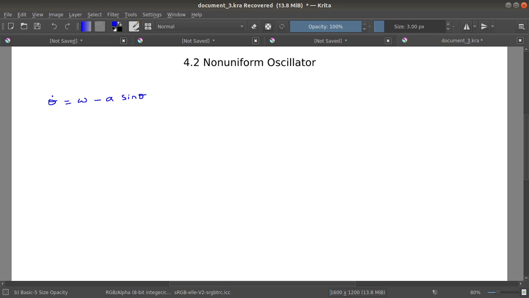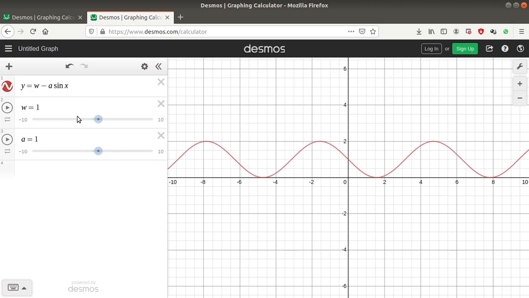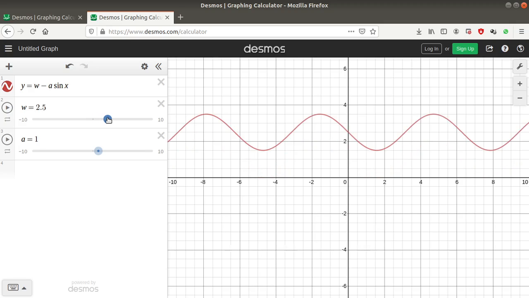So the first thing is, in this equation we are going to identify the fixed points. Let's try that. So let's plot it: y is equal to omega minus a sin x. Now I have to add all the sliders, and let's say initially my omega is more than a.